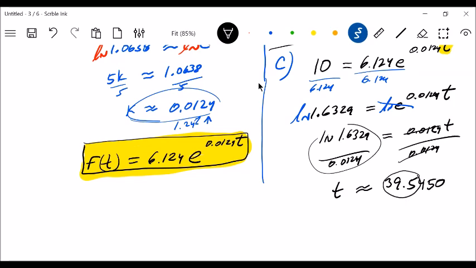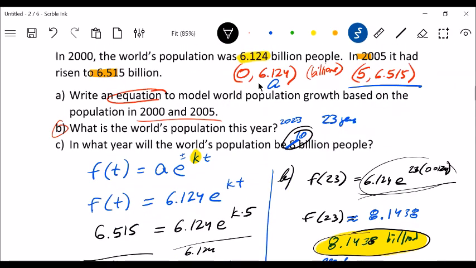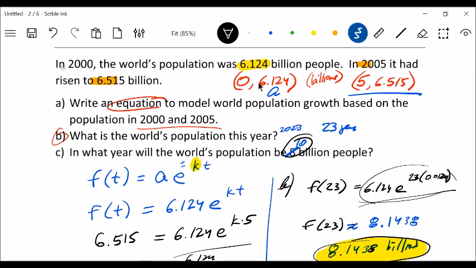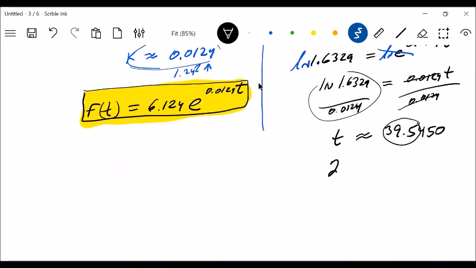So the significant part of that is about 39.5. So it's 39.5 years after the beginning, which was 2000. So that means it would be during the year 2039 to reach 10 billion people.